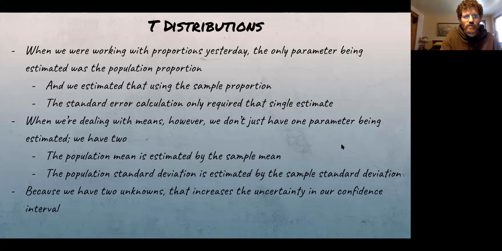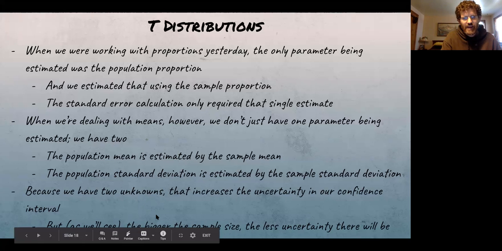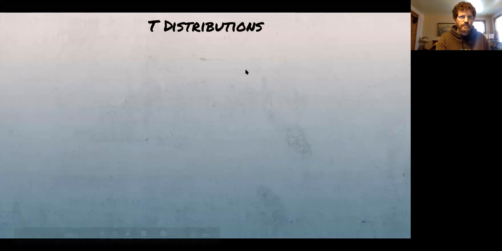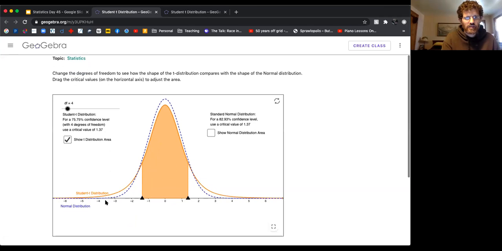This creates what's called a t distribution. And we're going to look at something real quick related to that. As our sample size gets bigger, our uncertainty gets less and less. Okay, let's look at this. The dashed line is a normal distribution.